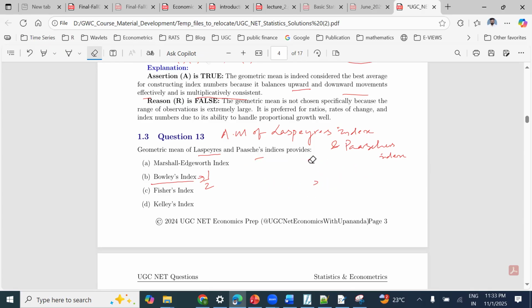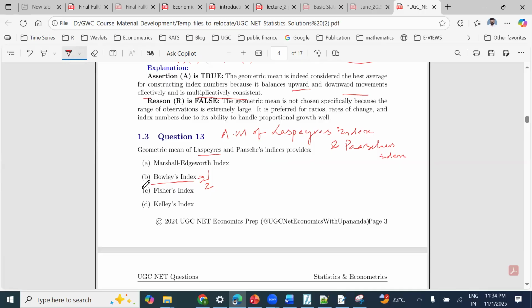Okay. So why I am telling you this: if the question is a little different, for example it is written last year's index and past year's index. Past means Paasche's, that we actually call Paasche's index. So the arithmetic mean of Laspeyres and Paasche's is Bowley's index and the geometric mean is Fisher's ideal index.